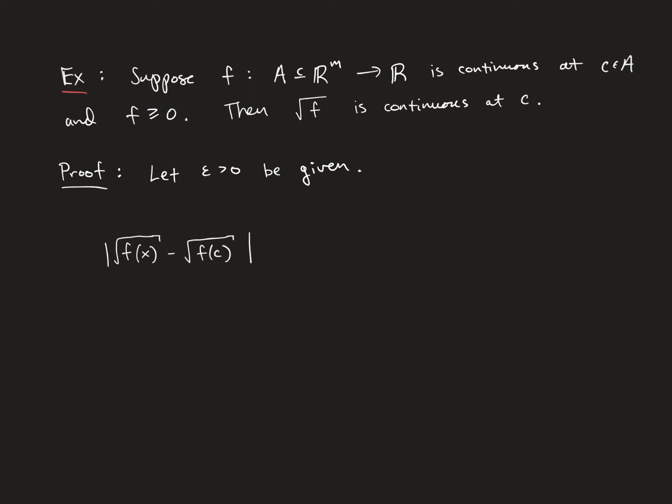And so we have to do some kind of manipulation with this, and the standard thing when you have square roots involved in a sum or difference is to use the conjugation trick. So we can take this square root of f of x minus square root of f of c and multiply by the square root of f of x plus the square root of f of c over the same thing, just multiplying by 1 in a fancy way.